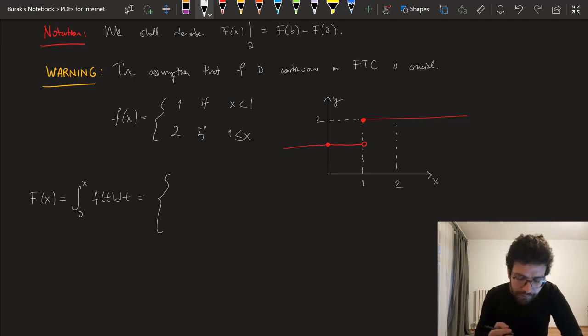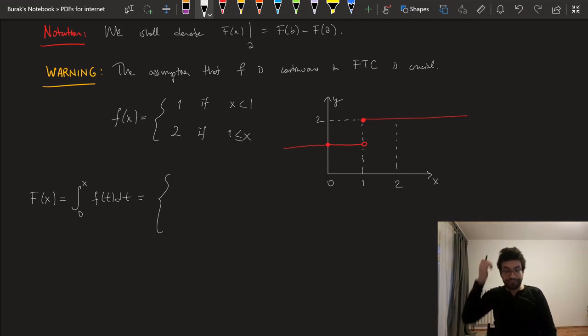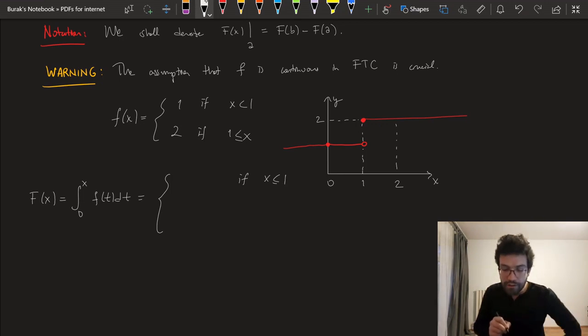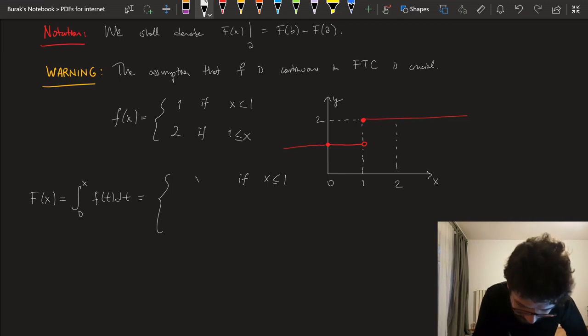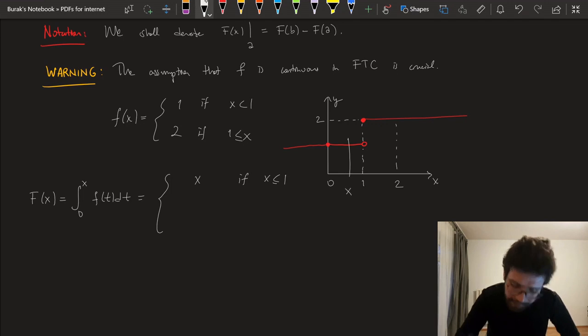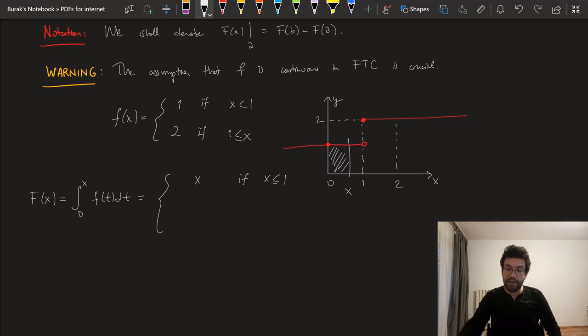Now, if you try to compute this on the interval, let's say 0, 2, what's going to happen is this. Up to 1, you are going to get x, because if you pick any point x here, then this signed area is going to be x.